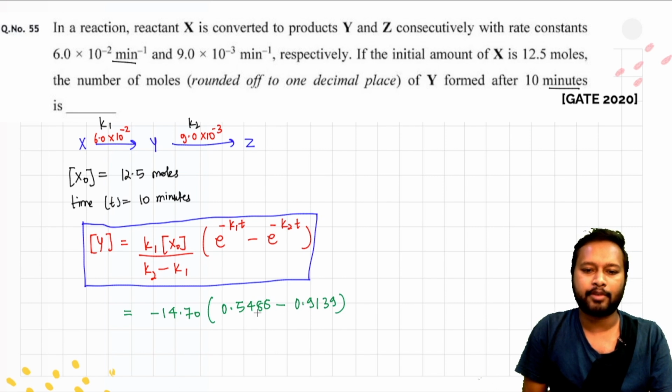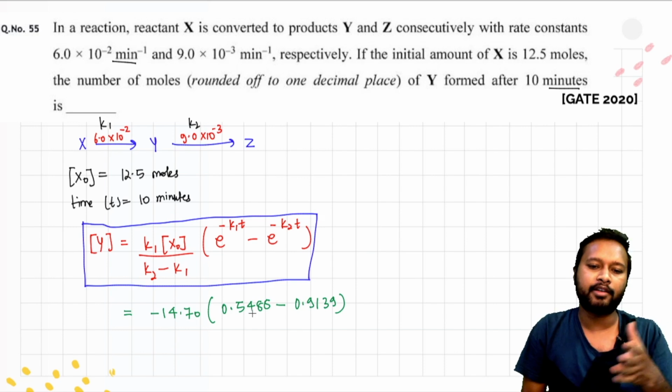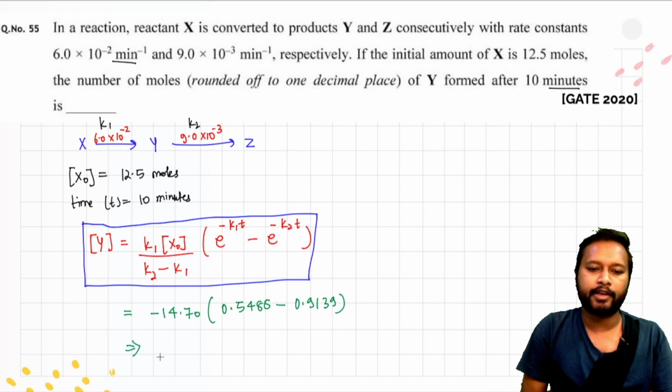Now you just have to subtract. This will be a negative value because we are subtracting a bigger term from a smaller term, so negative times negative becomes positive, and at the end the final answer comes out around 5.36. Since the question asks to round it off, the answer will be 5.4.